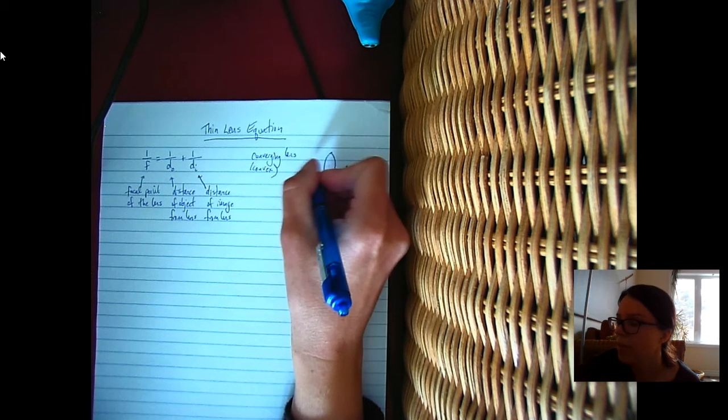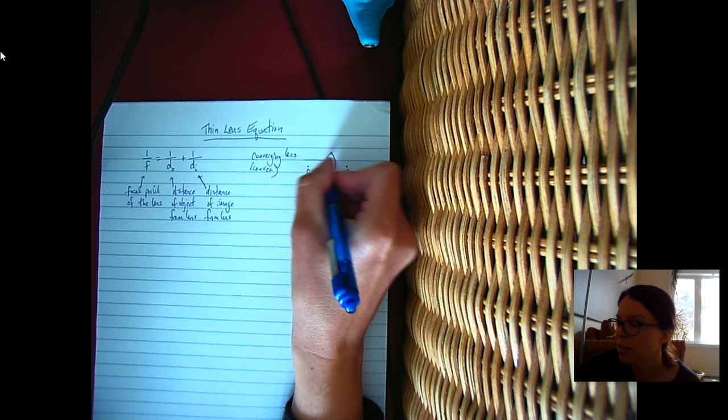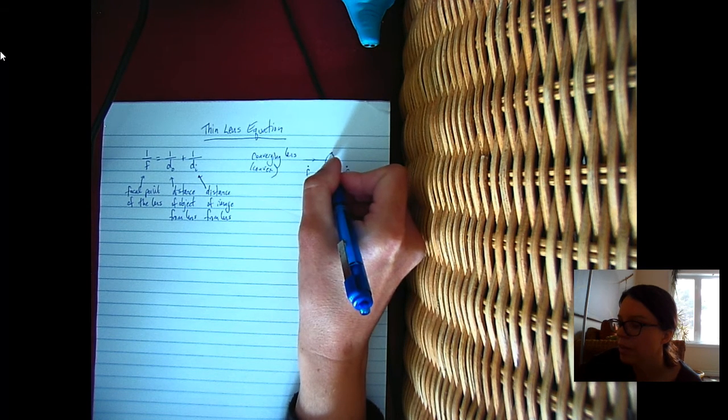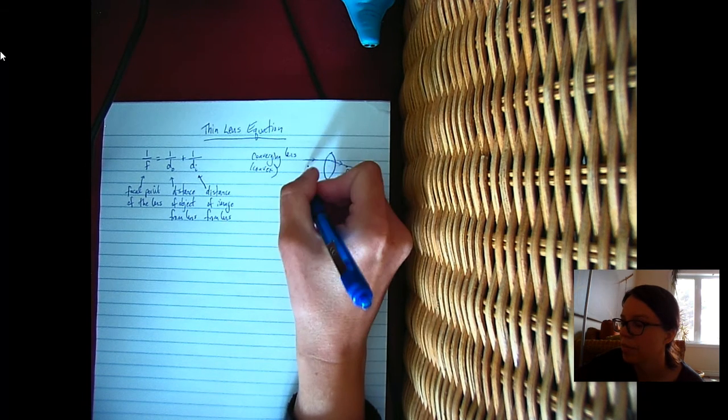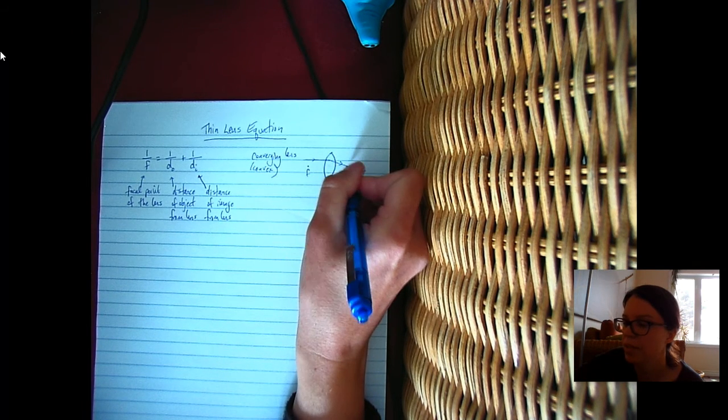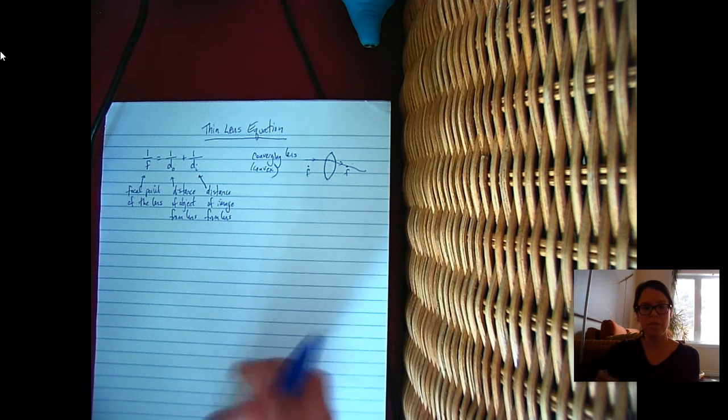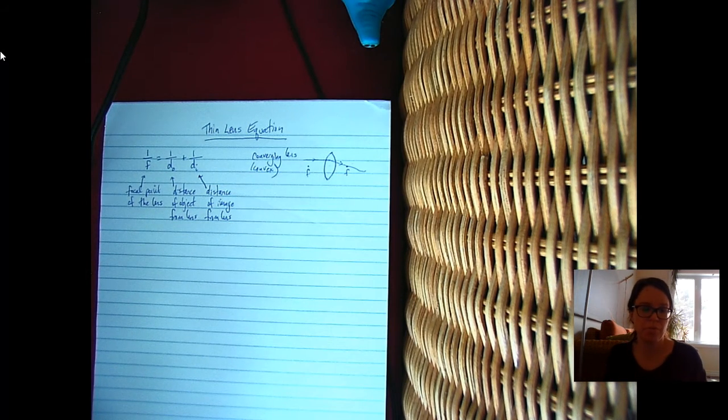And then when the ray comes in, if the ray came in from up here, the idea is it heads towards that. If a ray came in from down here, it would head towards that. Everything is converging in here. So these ones have a positive focal point.